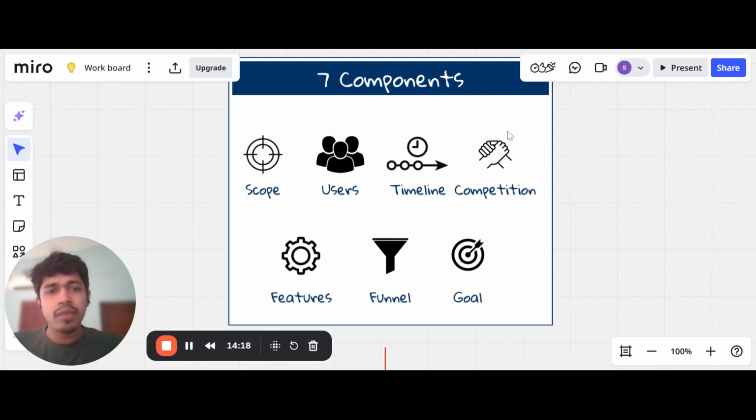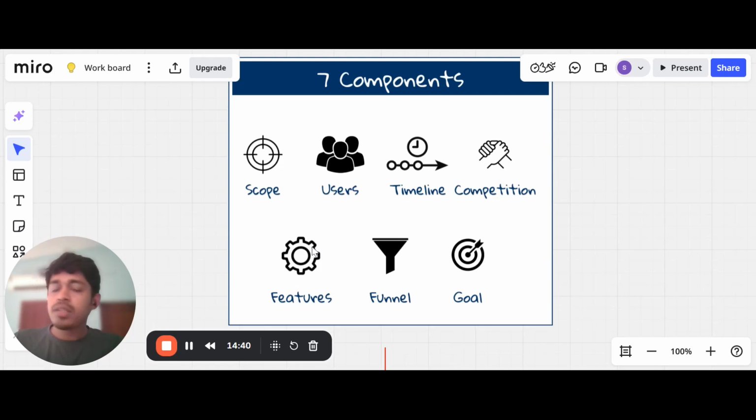I haven't seen anyone missing these two components. So competition is about asking about the competitors, what their strengths are, and how they are different from our product. Questions like that. We will discuss in detail what kind of questions you can ask.